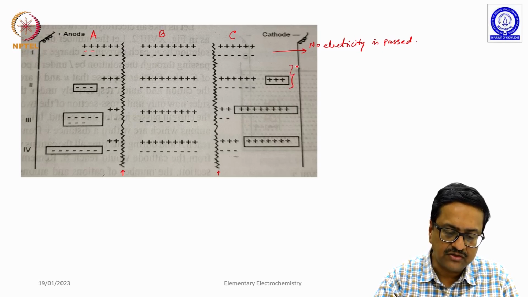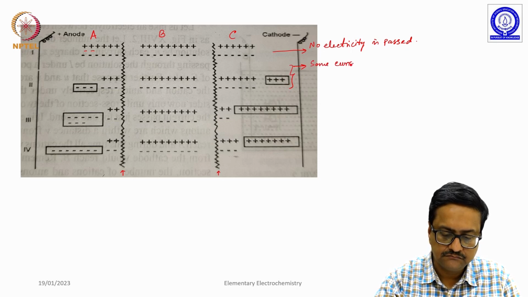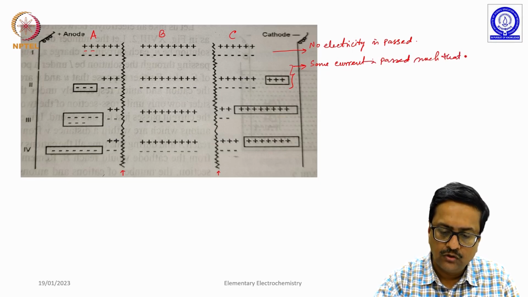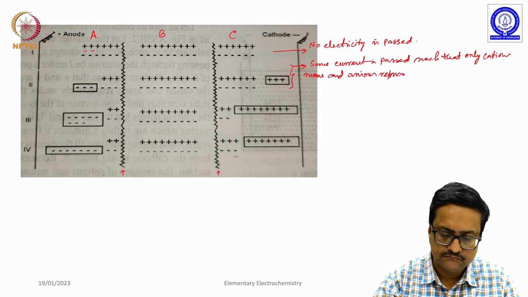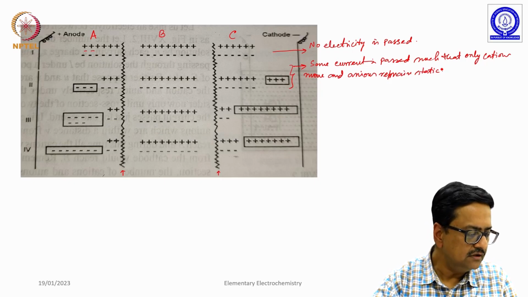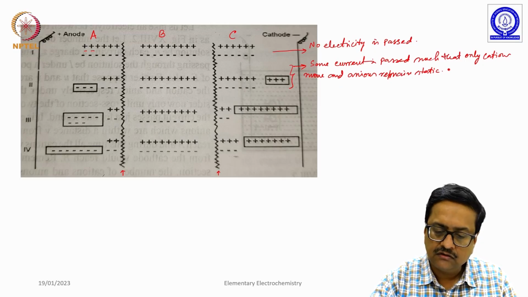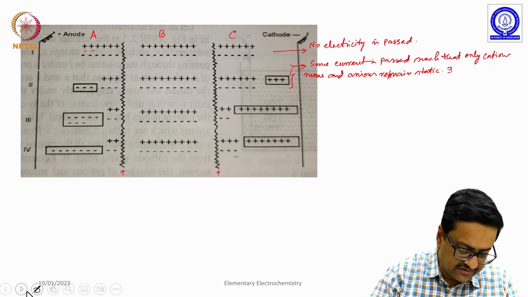Then suppose in case number 2, some current is passed such that only cations move and anions remain static. Suppose cations move by 3 steps.